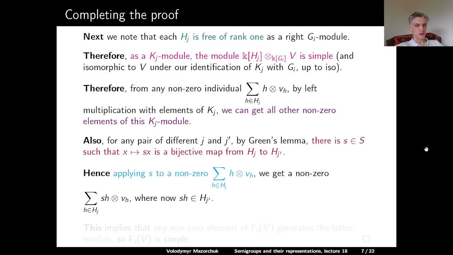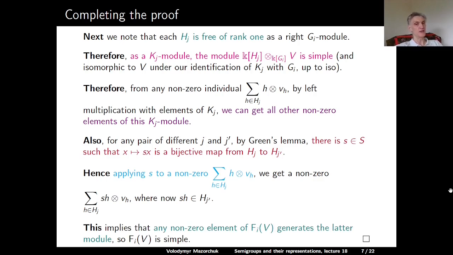So starting from a non-zero element which corresponds to Hj, we can multiply on the left and get a non-zero element which now corresponds to Hj prime. And this simply implies that starting from any non-zero element of our module Fi of v, we can, using the above manipulations, get all non-zero elements of this module, and so this module is simple.